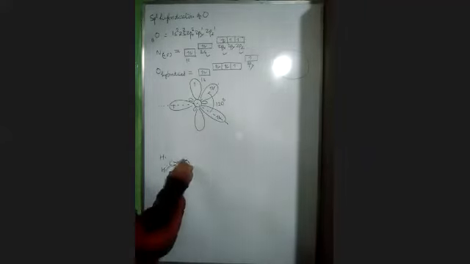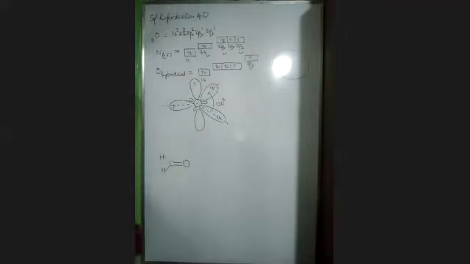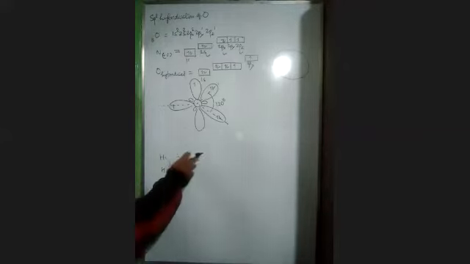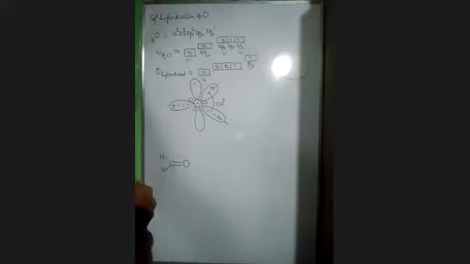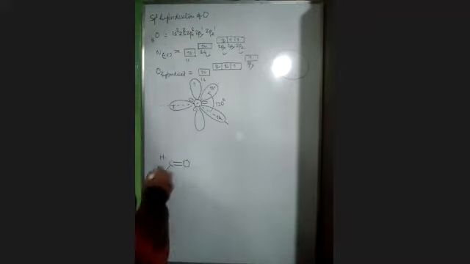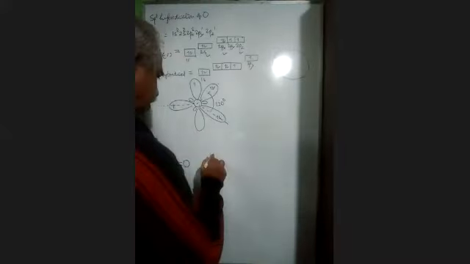All right. So you draw for carbon, draw for oxygen. Okay, I'll draw. See this one, I told you, double bond means both the atoms are sp2 hybridized. So I'll draw it like this.